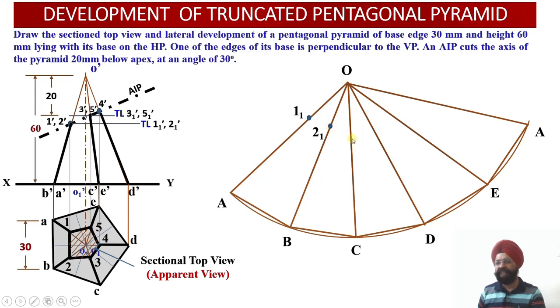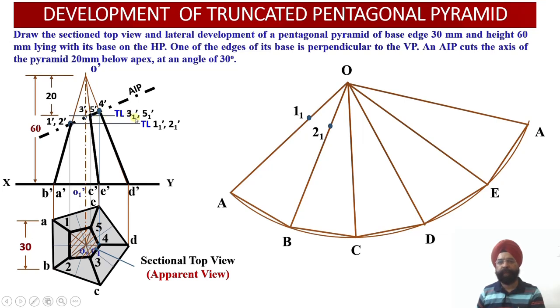Now my third generator is the third slant edge OC. So O dash C dash has been cut by the cutting plane at the point 3 dash, but 3 dash is again lying on the apparent length, so I cannot take this distance O dash 3 dash. What I have done is drawn a horizontal line and transferred this point 3 dash onto the true length.